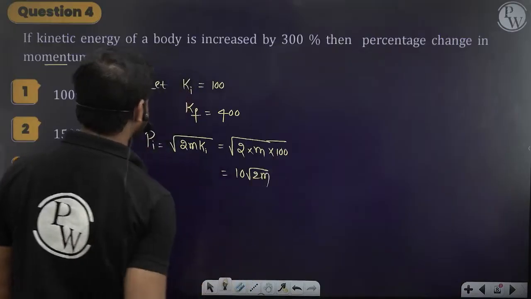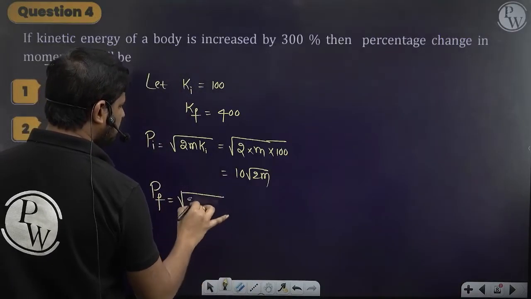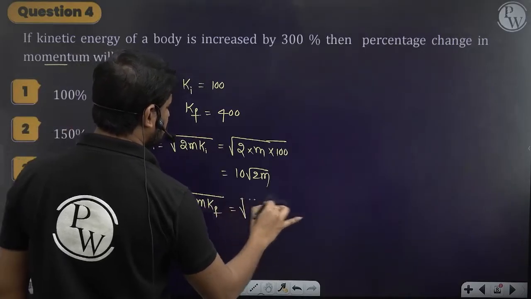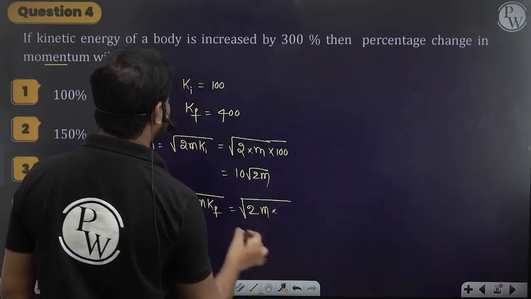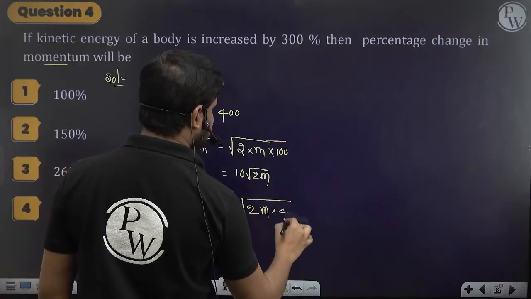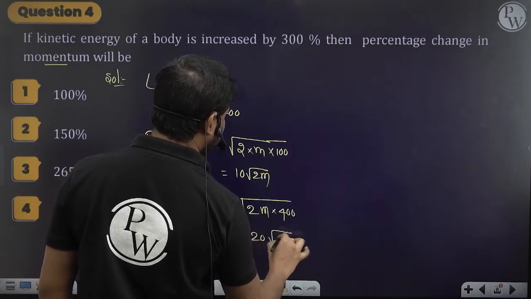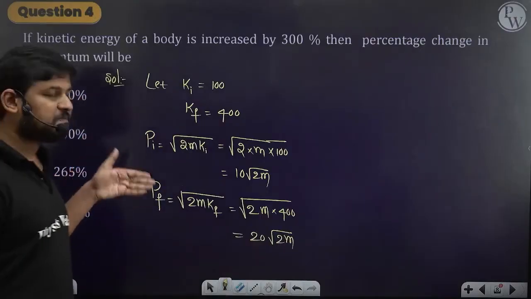This is the initial momentum. And the final momentum will be root over 2m into the final kinetic energy, which is root over 2 into m into 400. Root 400 is 20, so take it out: 20 root 2m. So we have got the initial momentum and final momentum.